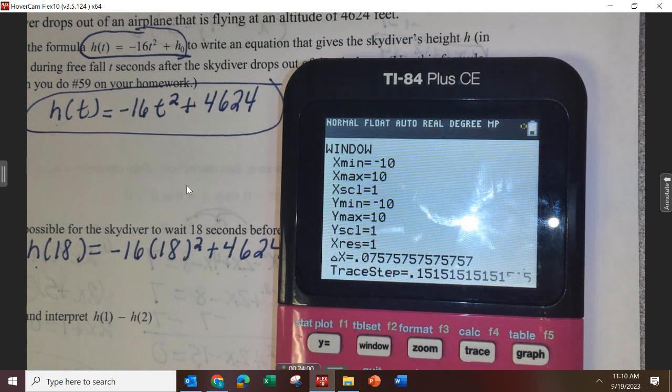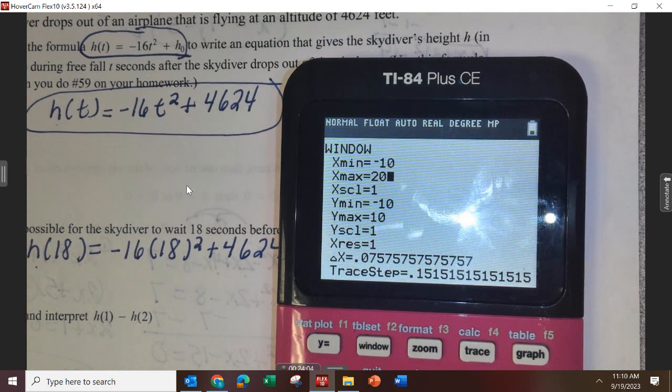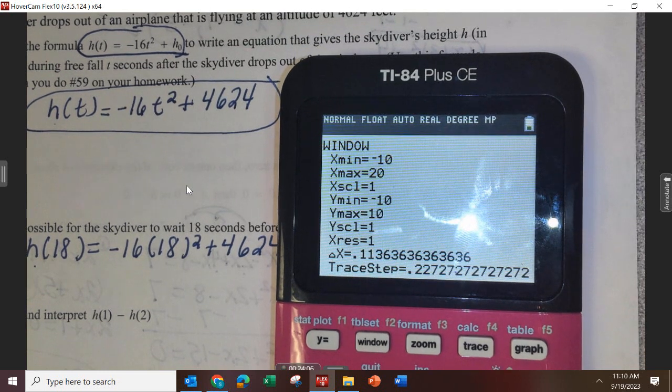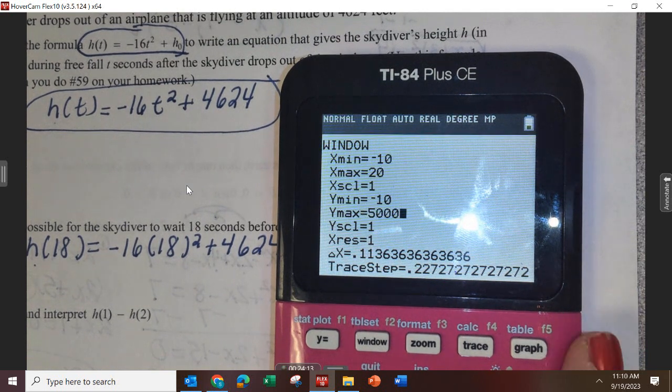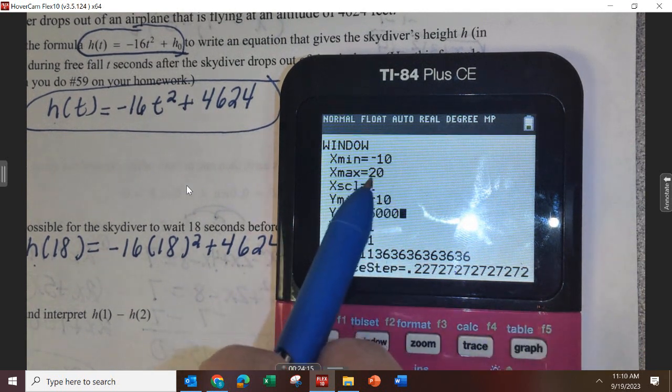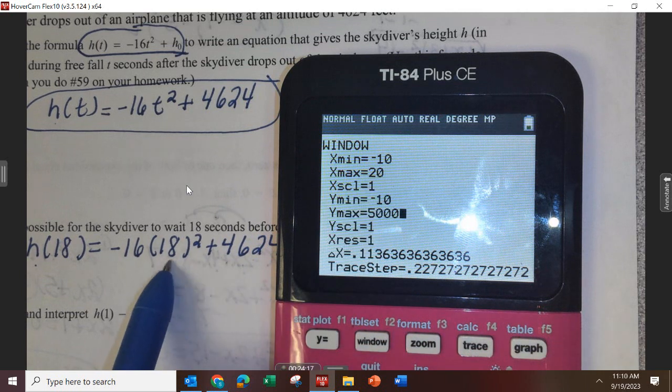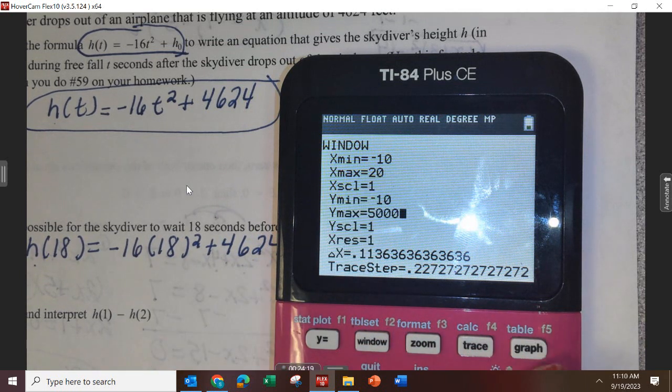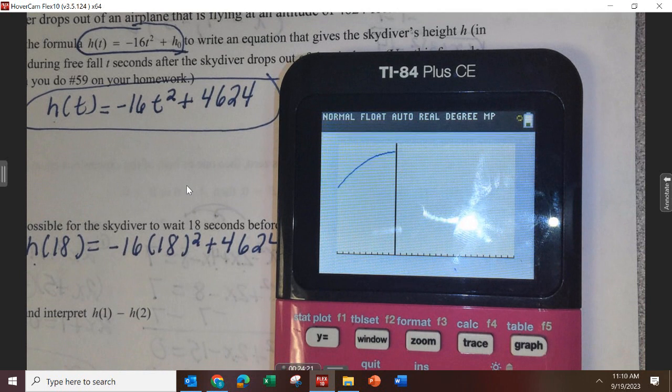I'm going to set my window. The time, I'm going to put the time going up to 20. Y is going to be his height. He's starting at 4624. I better make this 5,000. Okay, I want this x max to go out to 20 because we're going to test 18 seconds. So now I'm going to hit graph.